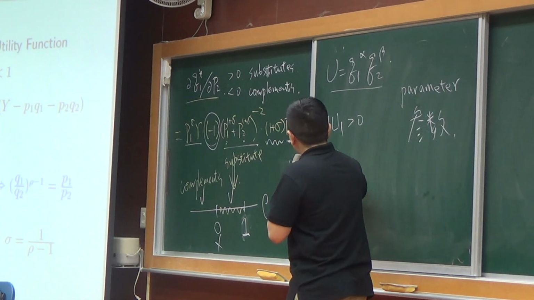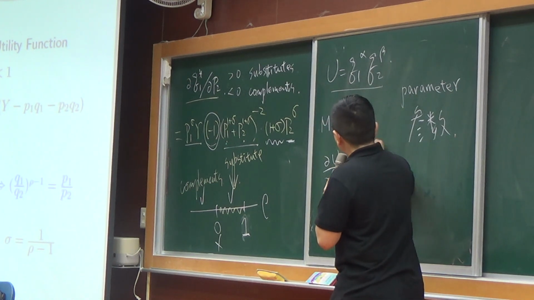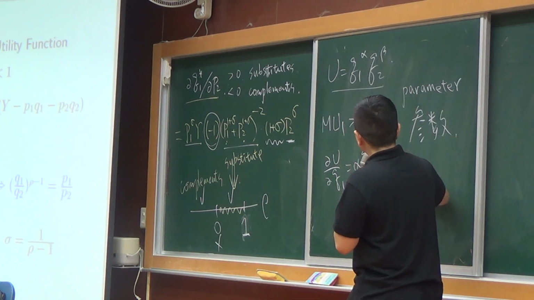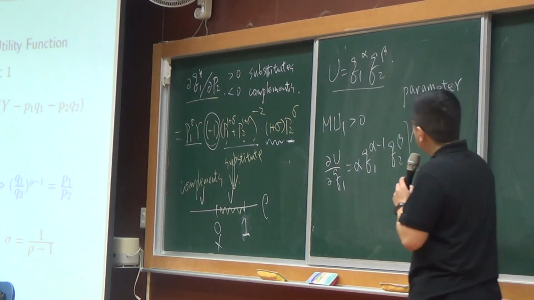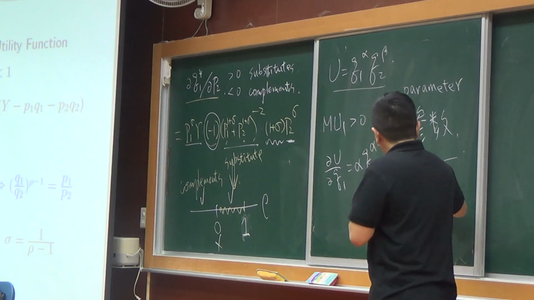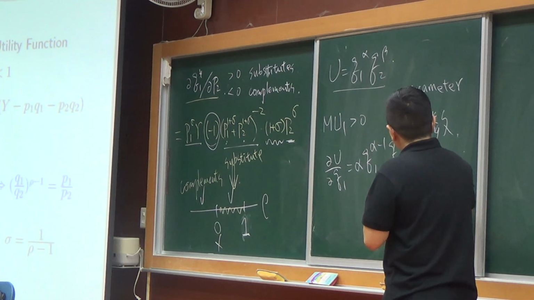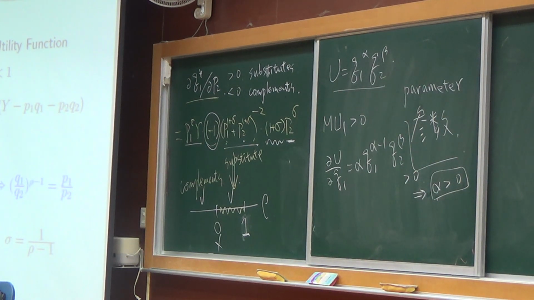Partial u, partial q1, which would be alpha q1 to the power of alpha minus 1, q2 to the power of beta. And we want this to be positive. So we may conclude that alpha must be positive. Is that right?